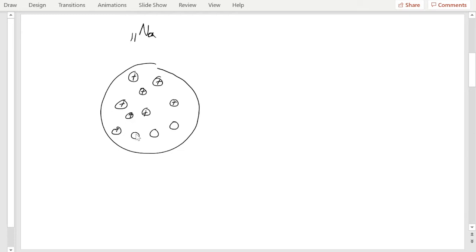And usually there are roughly the same amount of neutrons. And so we'll put 11 neutrons in here. So we've got our 11 neutrons, and that gives us a total mass number of 22.